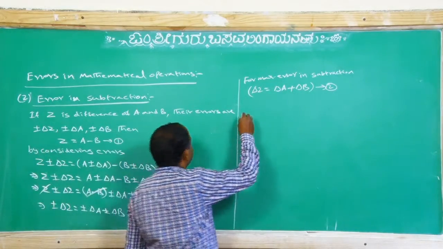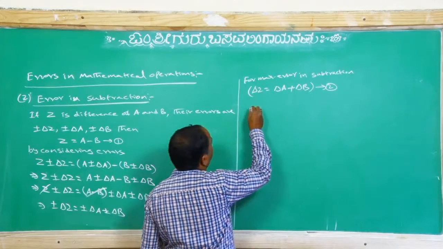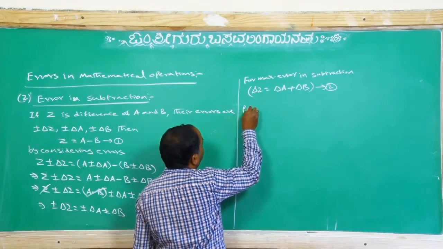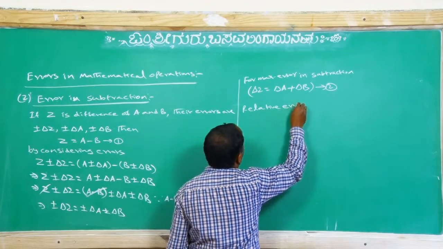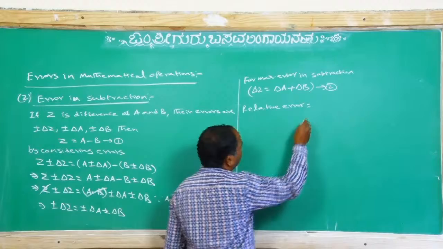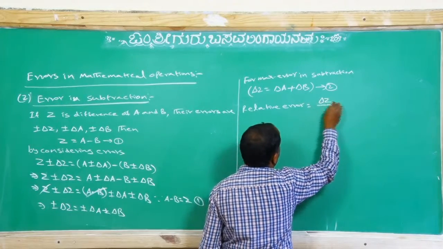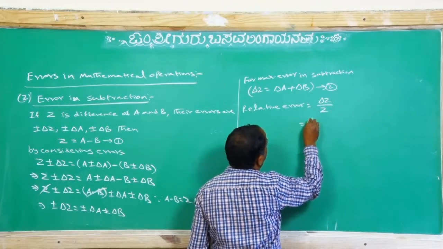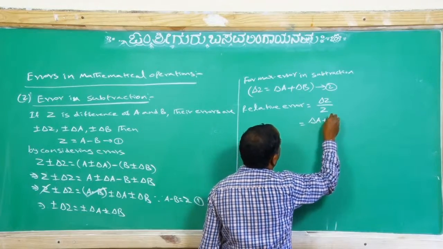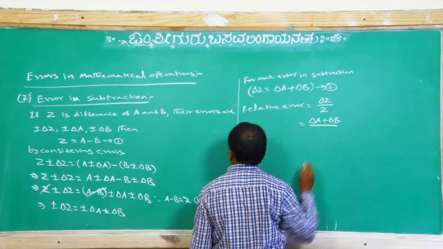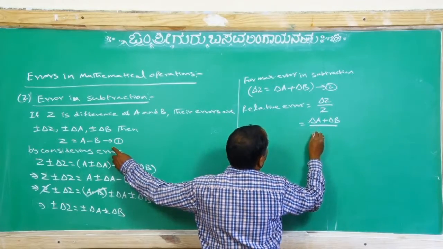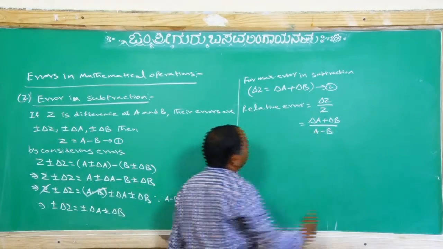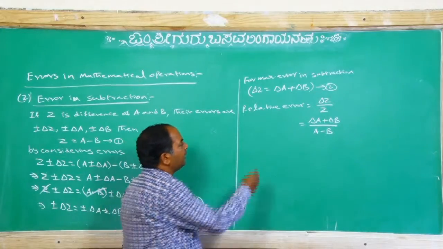Next, after knowing this, we should know the relative error. Relative error means delta Z by Z. So delta Z is delta A plus delta B, and Z is A minus B. So that is the relative error.